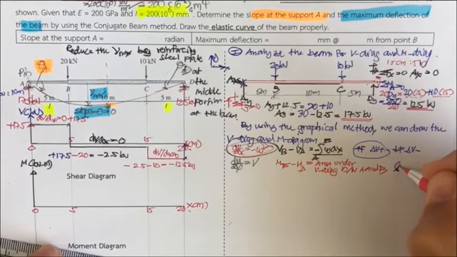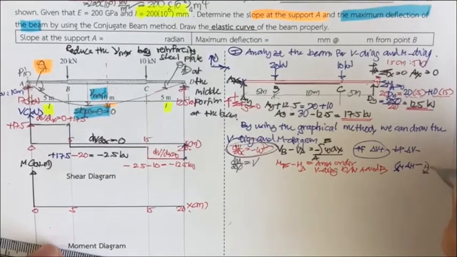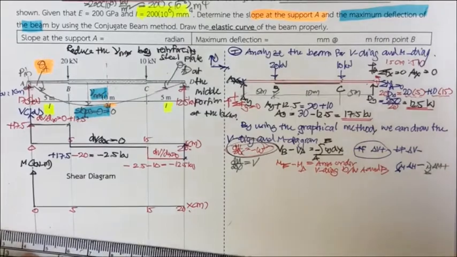If you have the moment like this, delta M will be negative, and if you have the moment like this, delta M will be positive. Clockwise is positive, counterclockwise is negative.